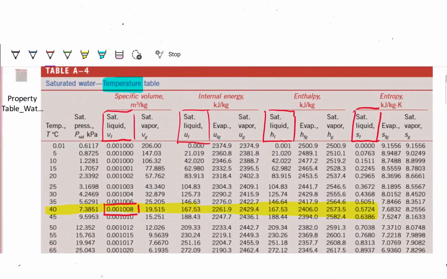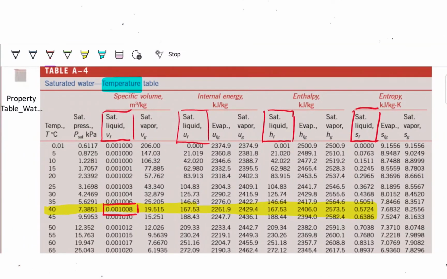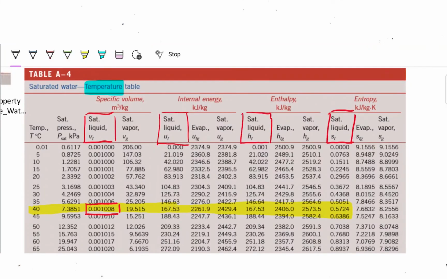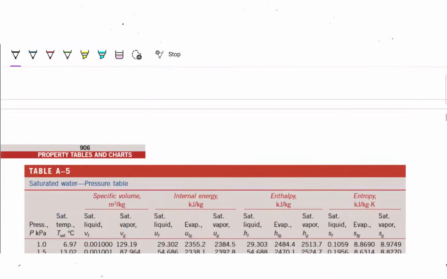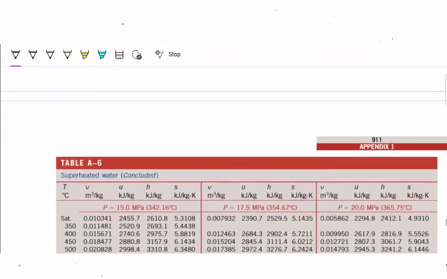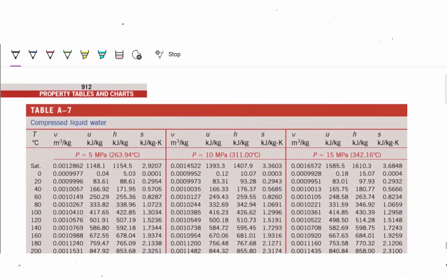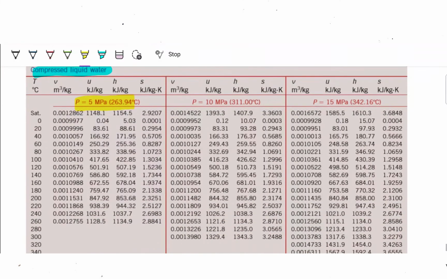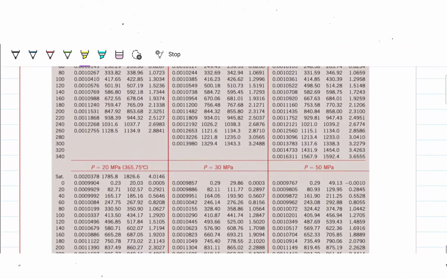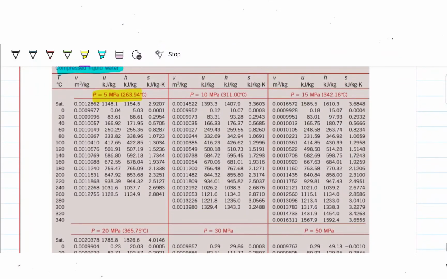Just for the sake of showing you how close that is to our approximation, I'm going to go down all the way to the compressed fluid tables. Bear with me. I need to jump through all the saturated tables, the superheated tables, and eventually we're going to reach the compressed liquid tables for water. First, note that it starts at 5 megapascals, precisely because of what I just said. If it's smaller than 5 megapascals, you don't really need these tables. That's why you don't have any information here for 200 kilopascals, 300, and whatnot.